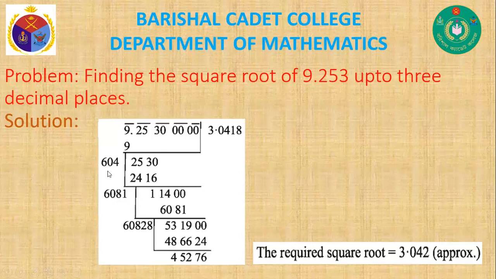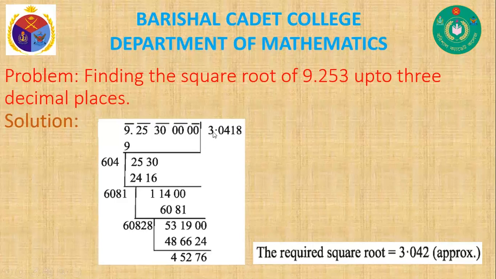Now our task is to find a number, which is to be set here and also taken in here, and then multiply these two, that is 604 into 4, we get 2416. Okay, 2416. Again, subtracting these two, we get this one. Okay, again, that is we got 1 4.